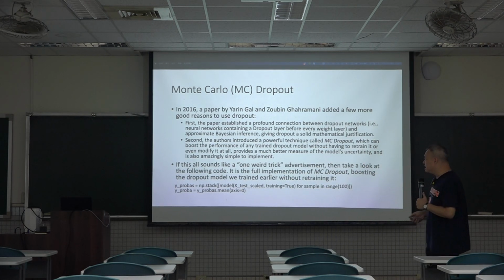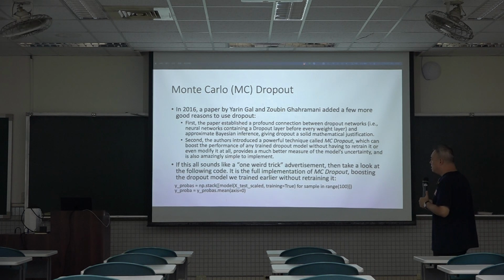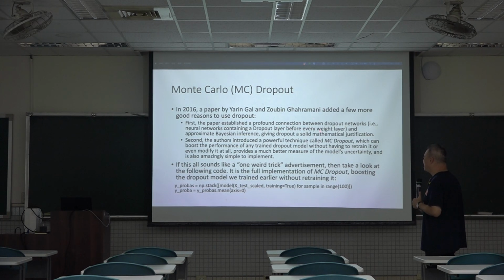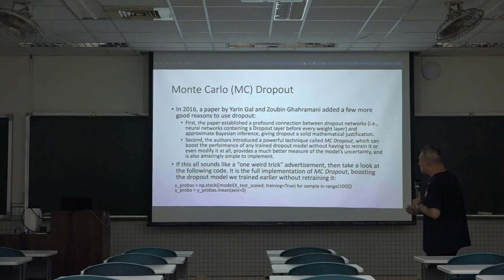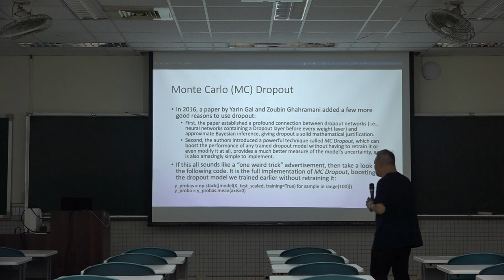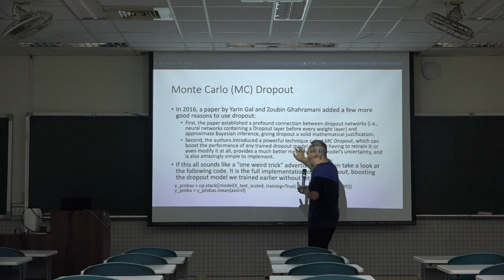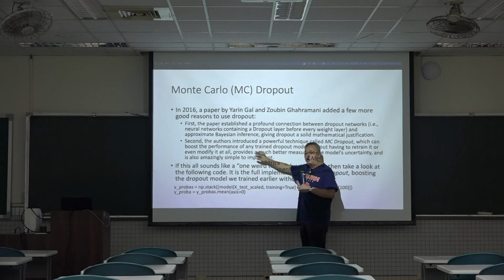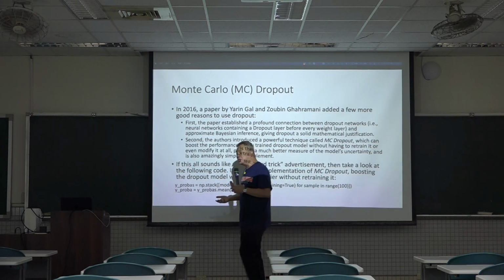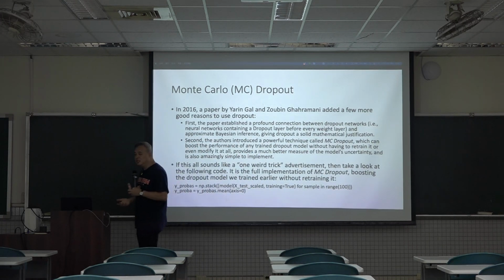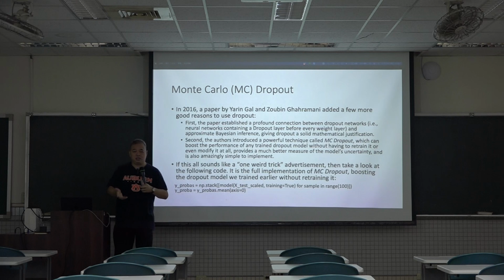Second, that paper introduced a powerful technique called MC dropout. This MC dropout is very interesting. It boosts the performance of a trained dropout model. Be very careful: this model is already trained. Normally, you cannot improve a trained model. If a model is trained, it's just there.